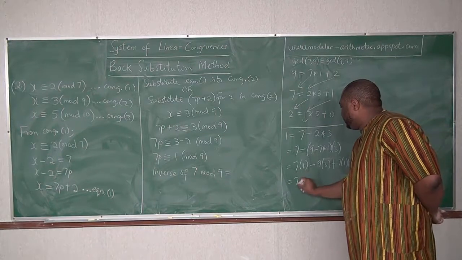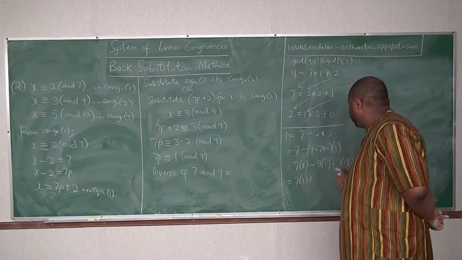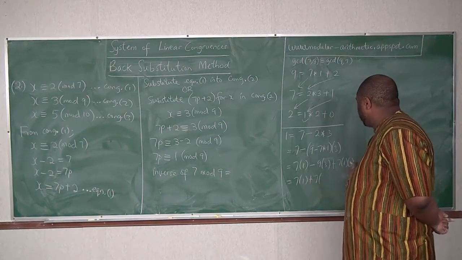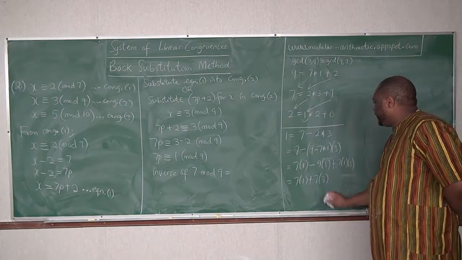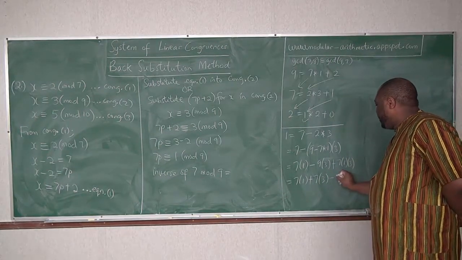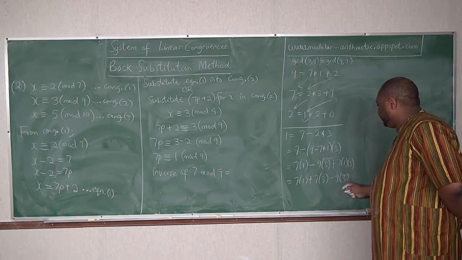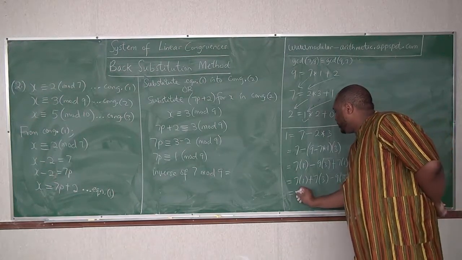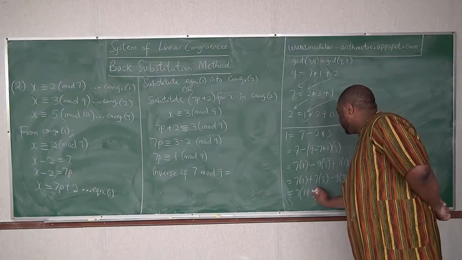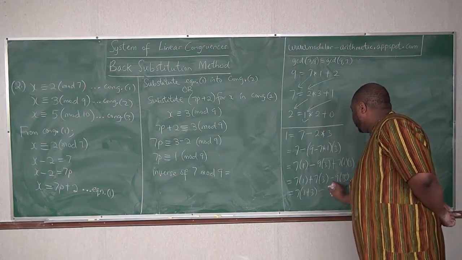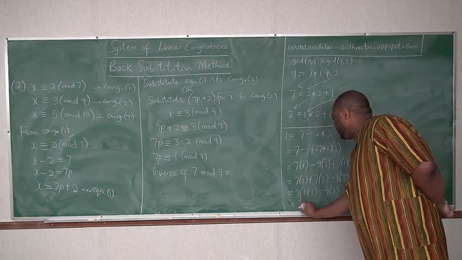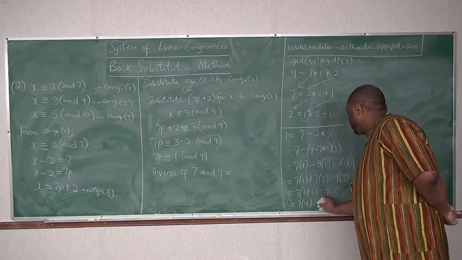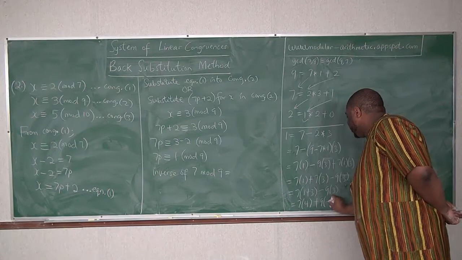So this is 7 times 1 plus 7 times 3, then minus 9 times 3. So this gives us 7 times 1 plus 3 minus 9 times 3. So this is 7 times 4 plus 9 times negative 3.